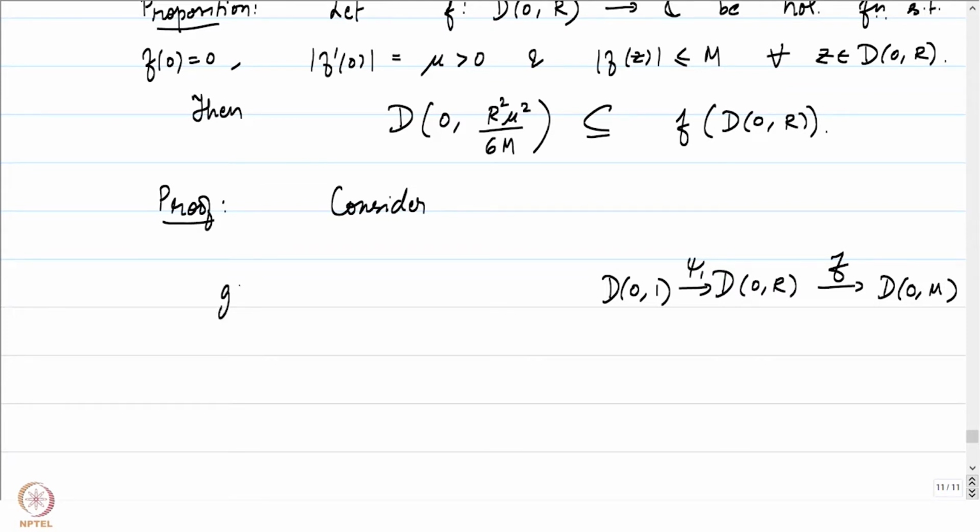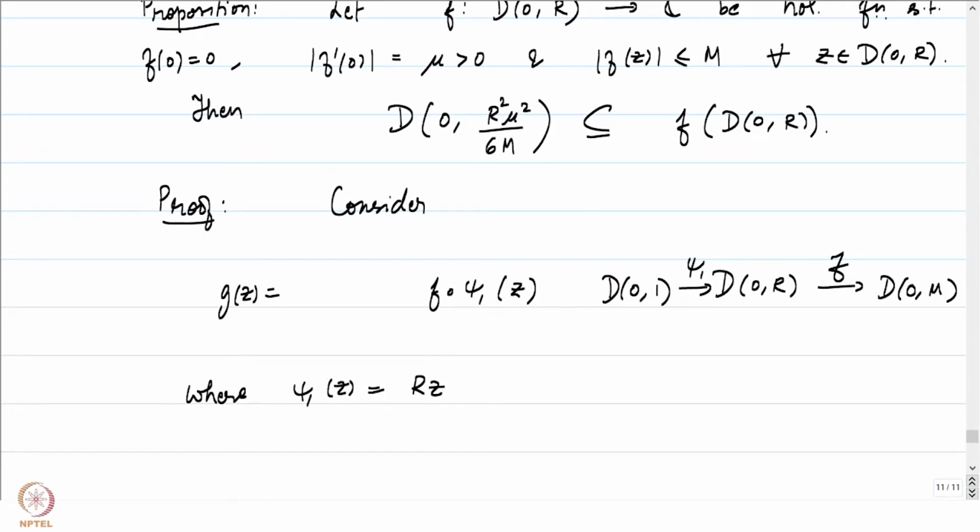So consider g of z, which is defined by f composed with psi 1 of z, where psi 1 of z is just r times z.